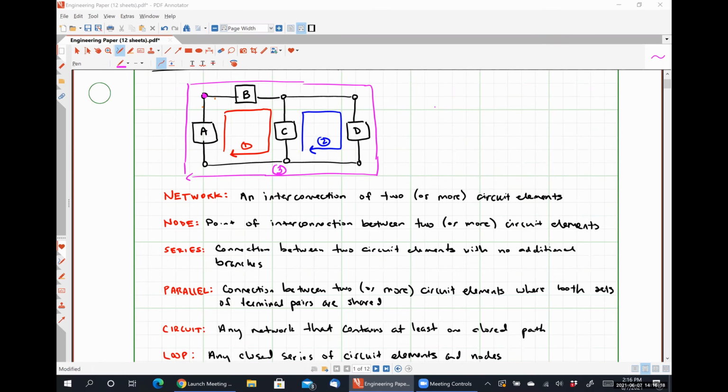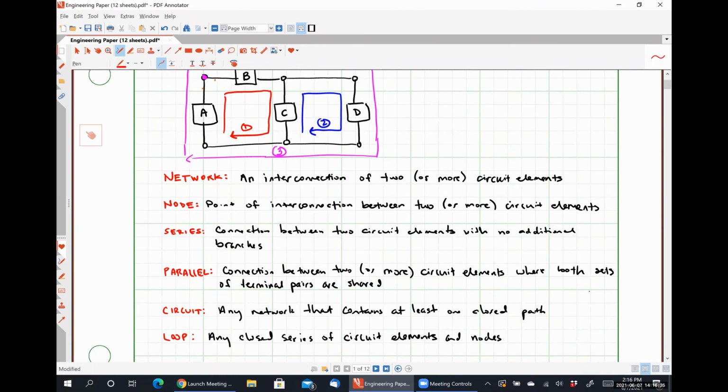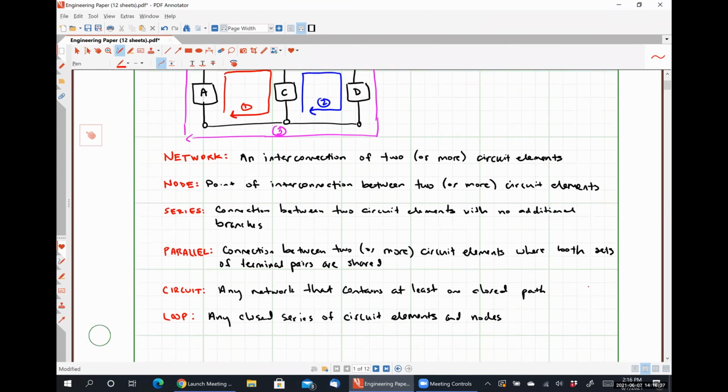So does everybody see that there are three distinct closed paths? Therefore, there are three distinct loops in this circuit. Yes. Okay.